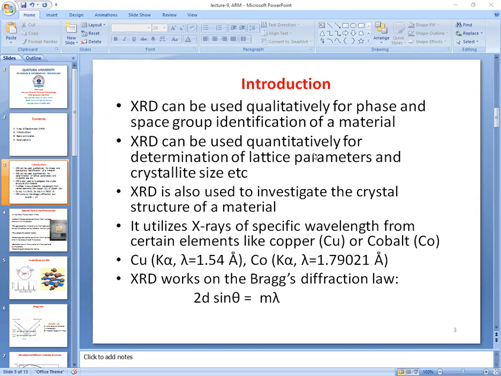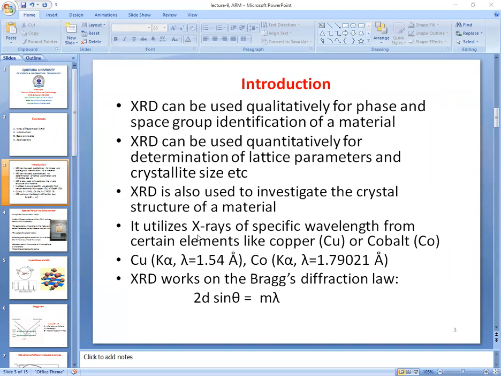XRD can be used quantitatively for determination of lattice parameters and crystal size of the unit cells in a crystalline material. XRD is also used to investigate the crystal structure of a material.